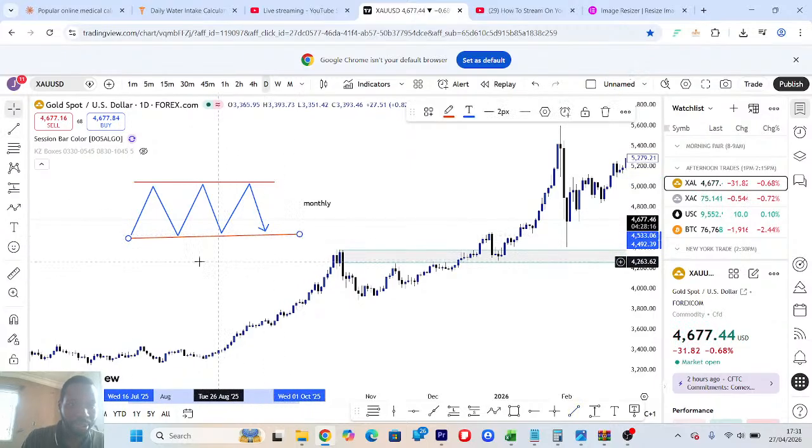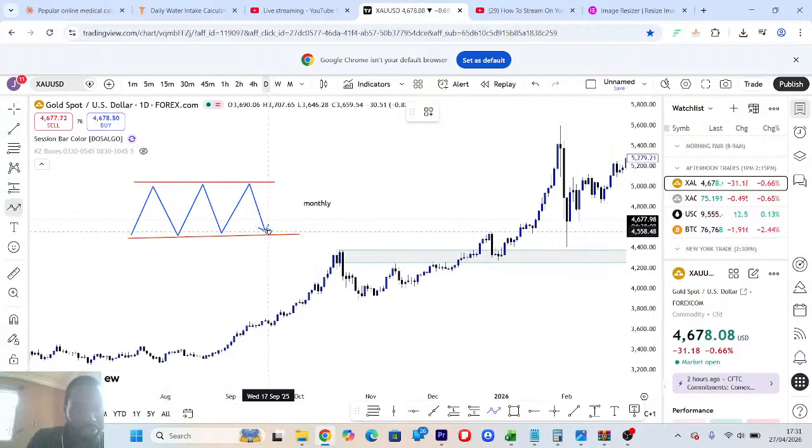So let's just imagine that at the monthly time frame, market from this level came and touched this place, right? Looking at this, we are going to expect that price is actually going to reject from this region and begin to drop down.